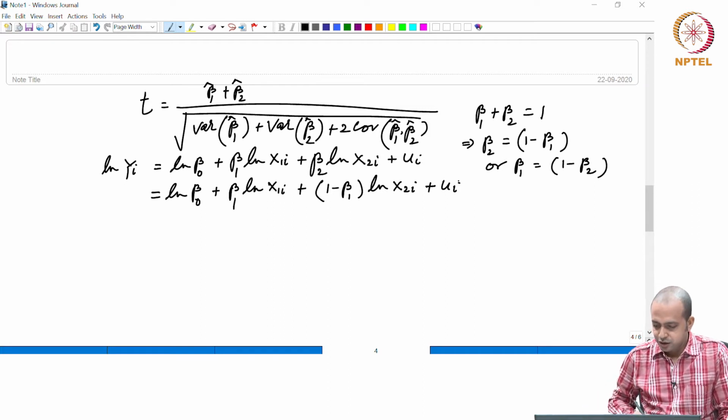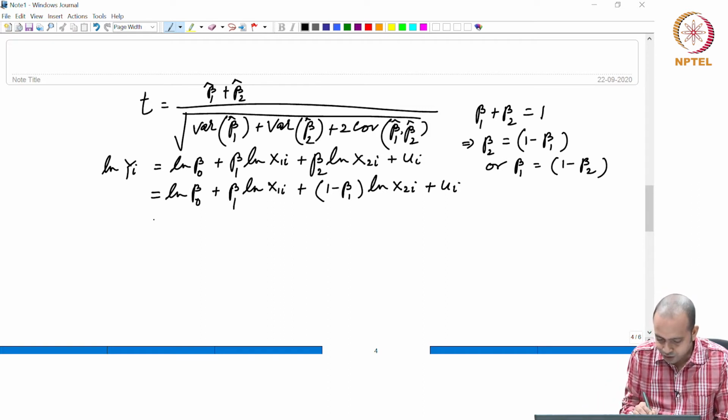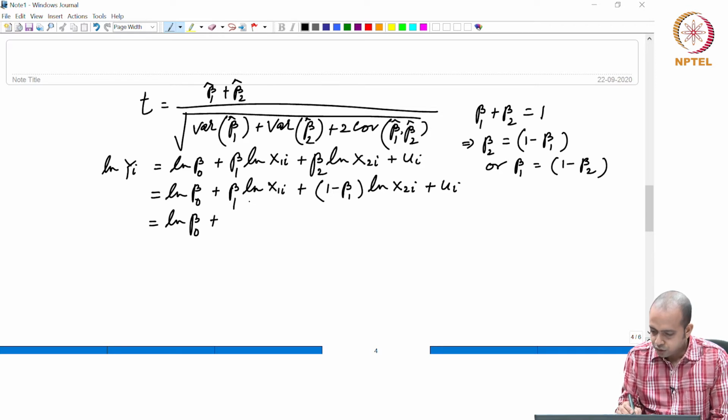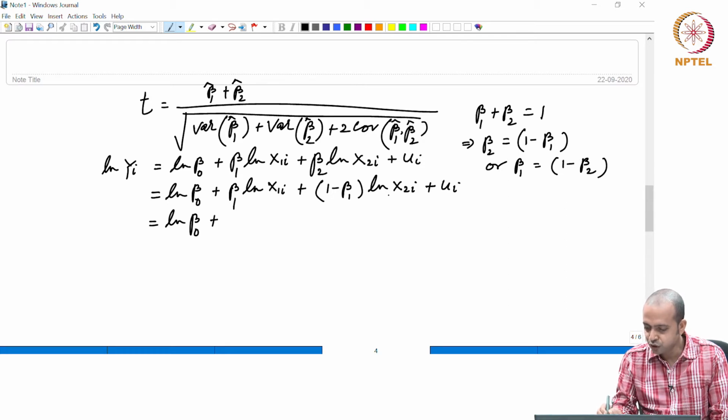So, that would become log of beta 0 plus, here you have beta 1 log of x 1 i, and here you have minus beta 1 log of x 2 i.